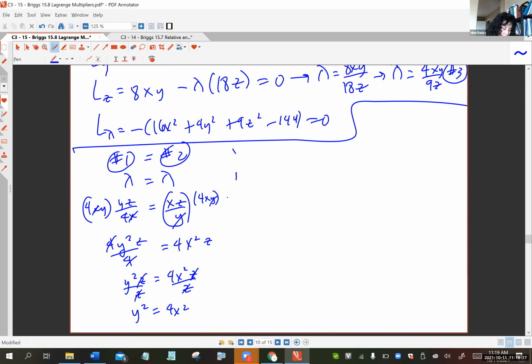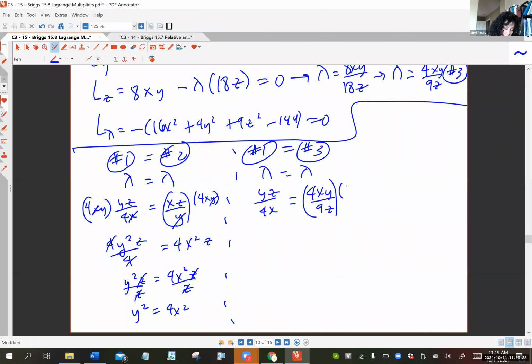Now what? Let's set the first lambda equal to the third lambda. You know, lambda has to equal lambda. Here we go. I got yz over 4x had better be equal to 4xy all over 9z. Let's clear fractions. Multiply both sides of the equation by 9z and 4x and hope for the best.